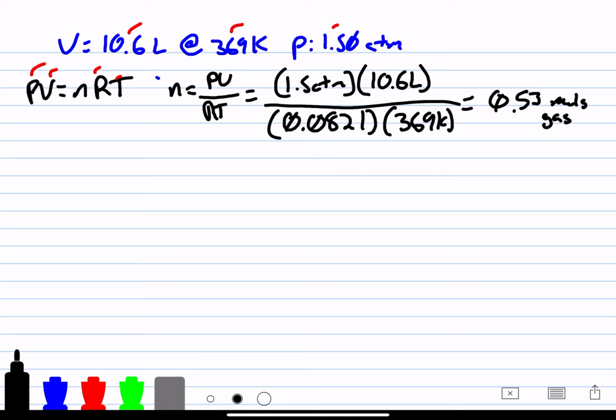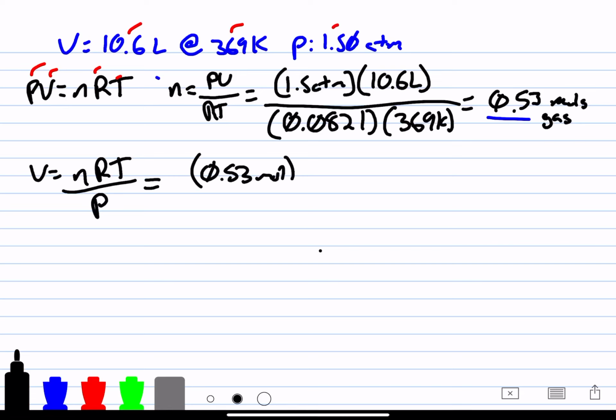So now that we know n, we can now plug it back into PV equals nRT with our new temperature and our new pressure to find what the new volume will be. So if PV equals nRT, then the volume is equal to nRT over P, which is equal to 0.53 moles of gas times 0.0821, which is our R constant, times our degrees in Kelvin.